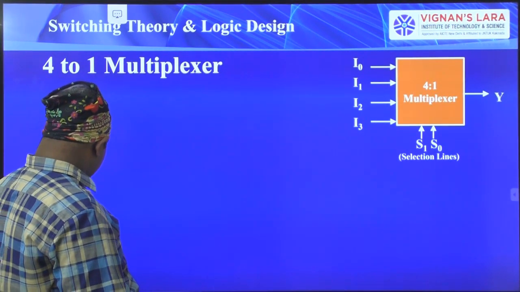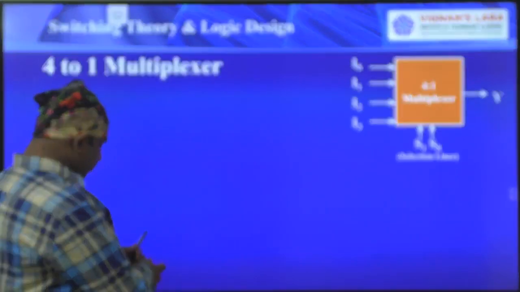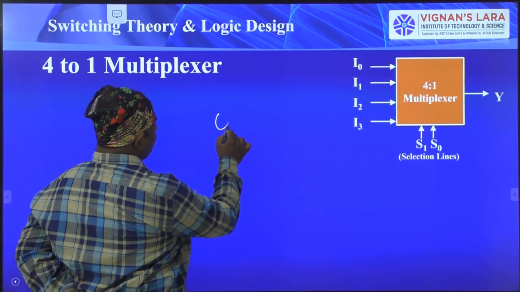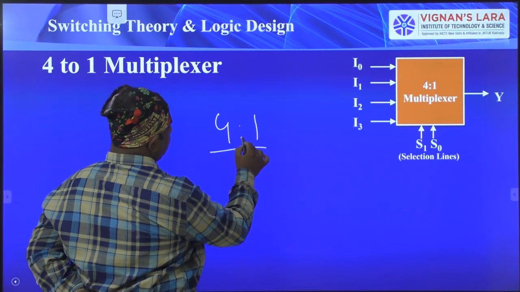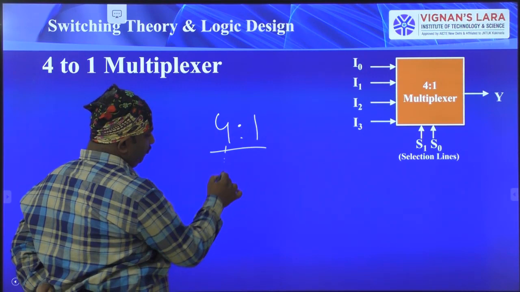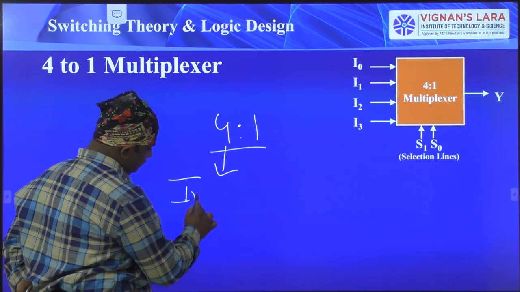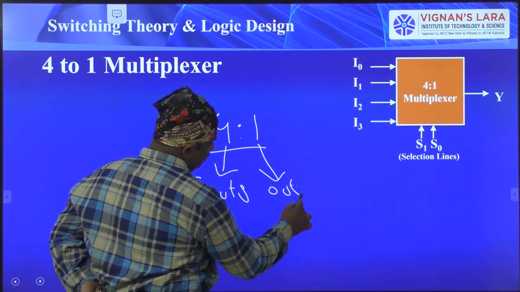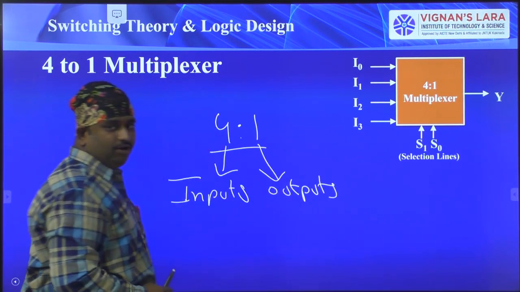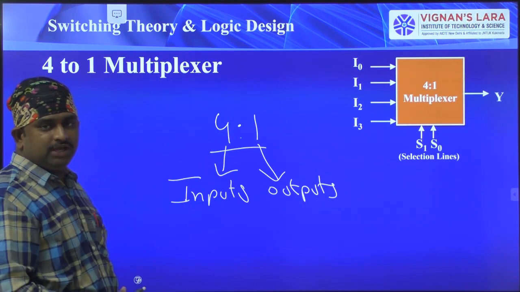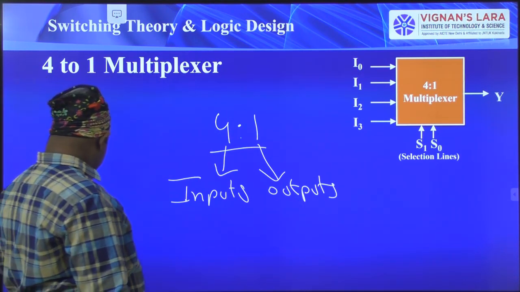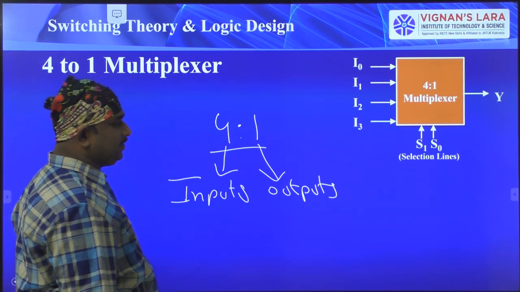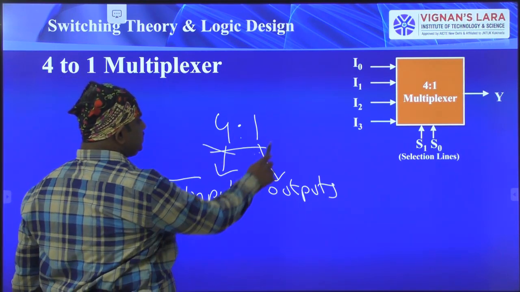This is the generalized block representation for the 4:1 multiplexer, where 4 represents the inputs and 1 represents the output. Here the input and output combinations are represented with this notation.